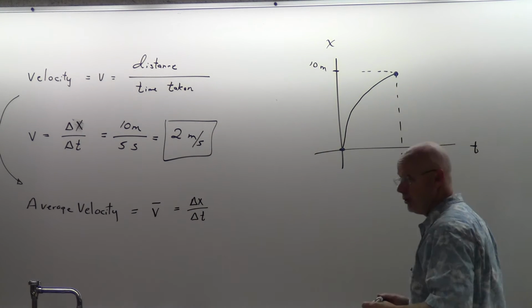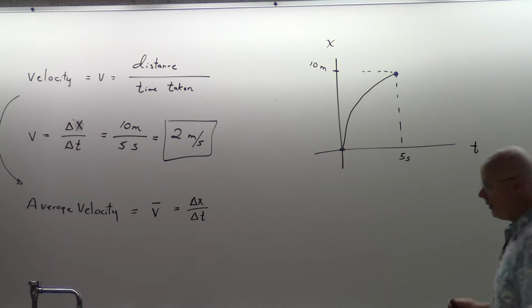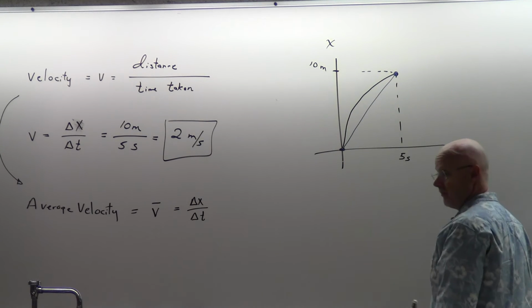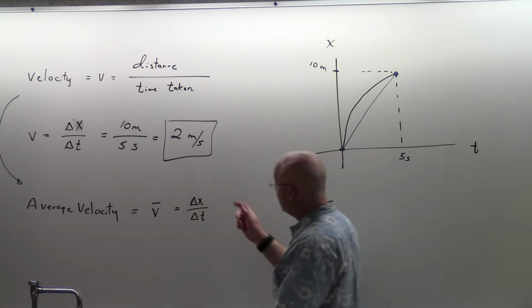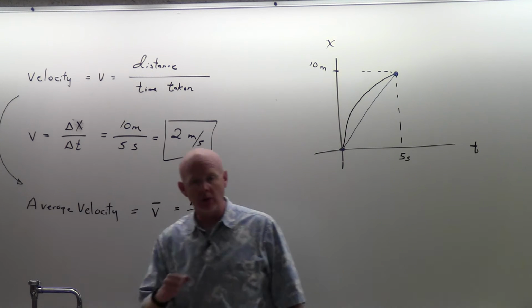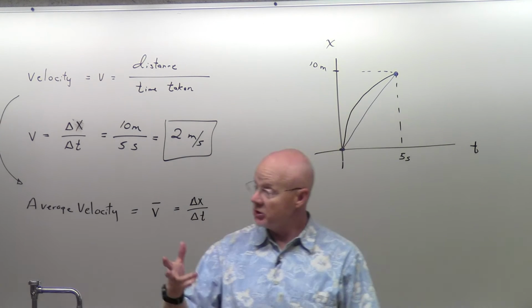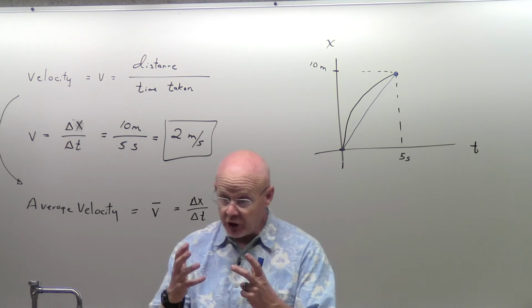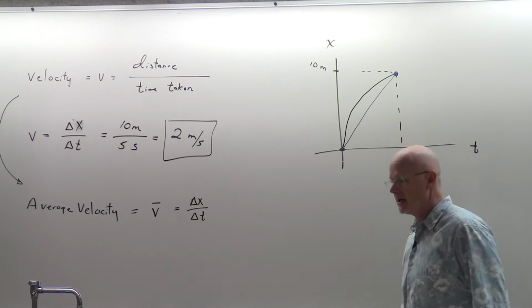Well, I guess I would do a rise of 10 and a run of 5. And so when you talk about the average velocity, you could also, on a graph, say, well, it is the slope of the line connecting those 2 points, right? So you can kind of visually see on a graph what is average velocity.